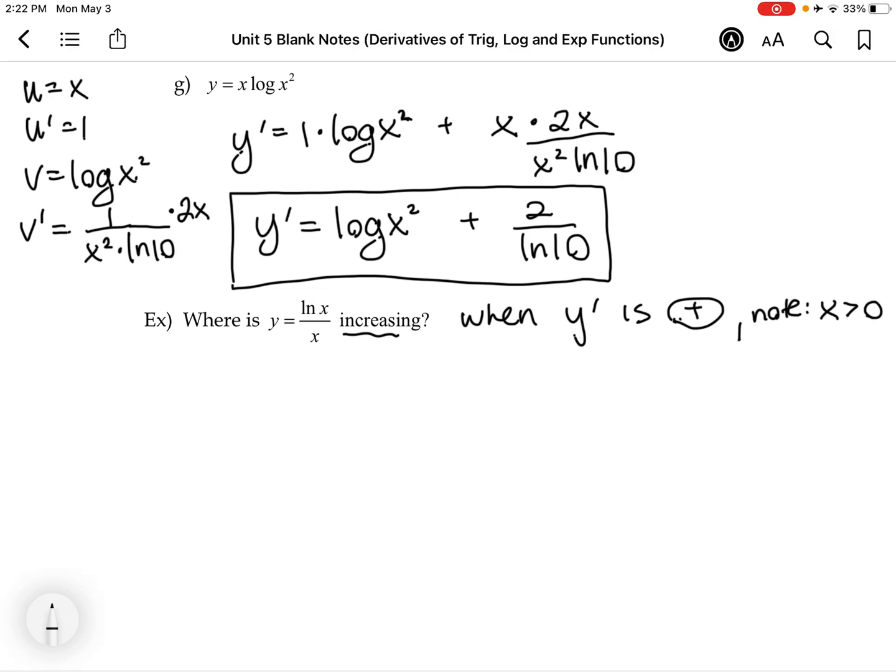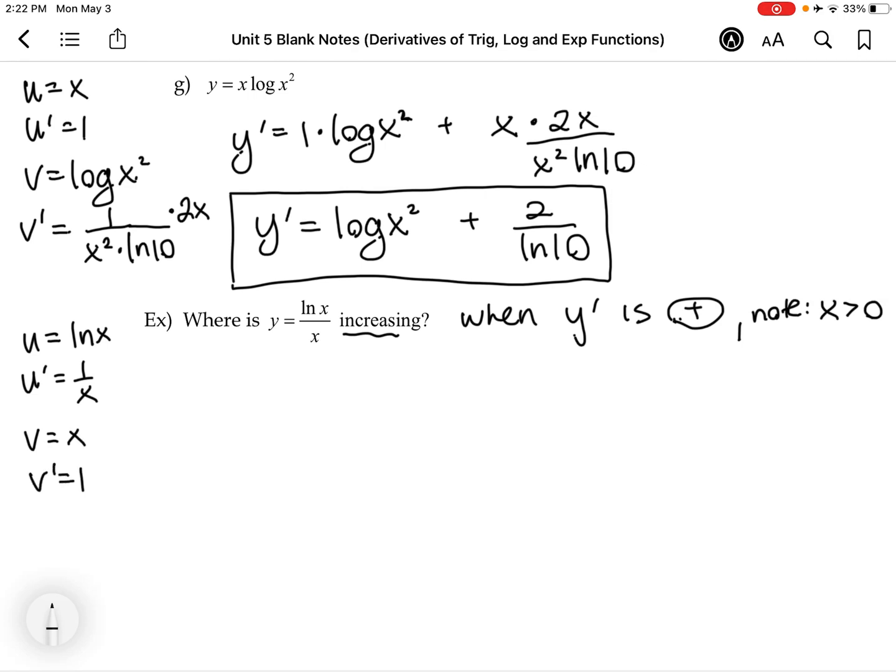All right, so now for our quotient rule. We got to use a quotient rule here because we're dividing two functions. So we've got u equals ln x, u prime is 1 over x, v equals x, v prime equals 1.